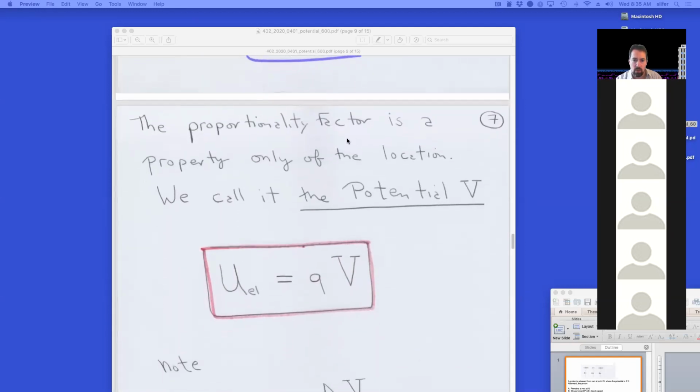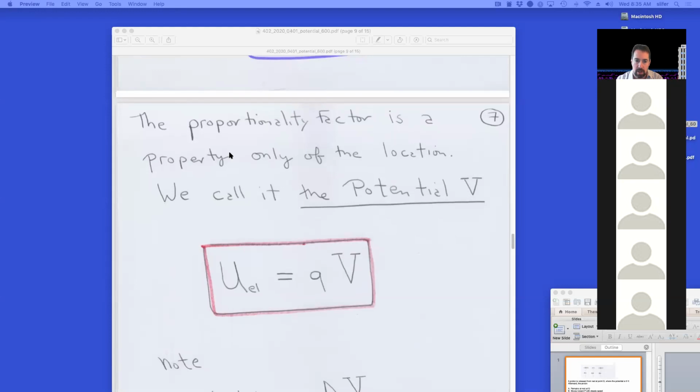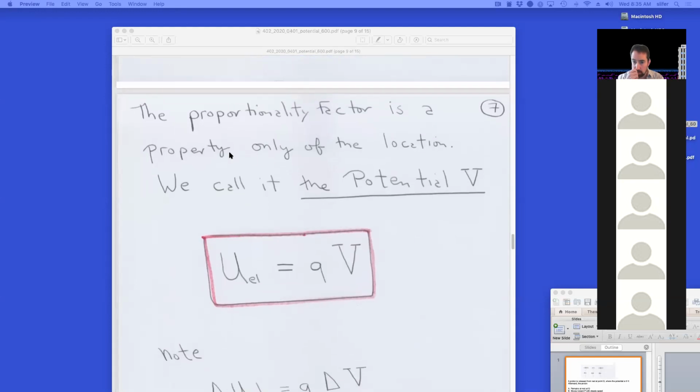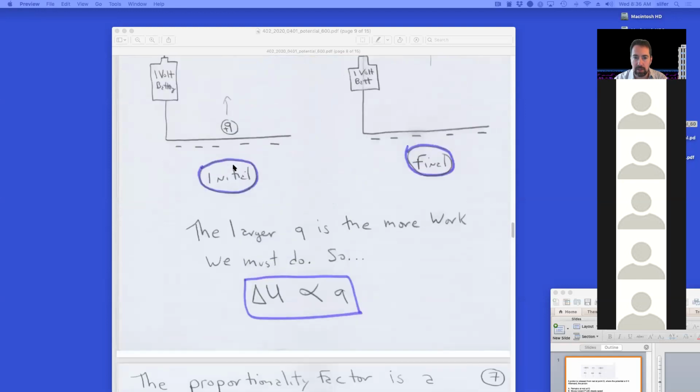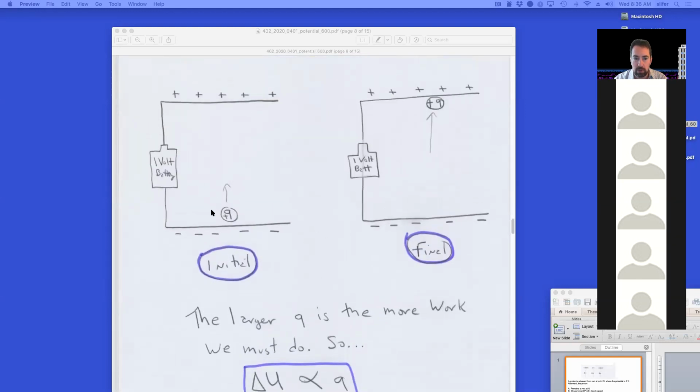And what is weird here is if we investigate the proportionality factor. We've done this a couple times in previous laws and previous investigations, that if we find a proportionality, then we just go and we measure it, and we can find out what that proportionality factor is. In this branch of physics, that proportionality factor is not a property of the charge that you've placed in this region where there's a separation of charge, right?